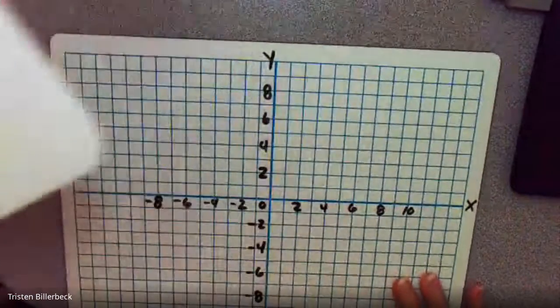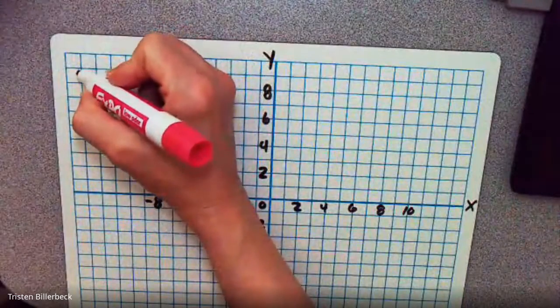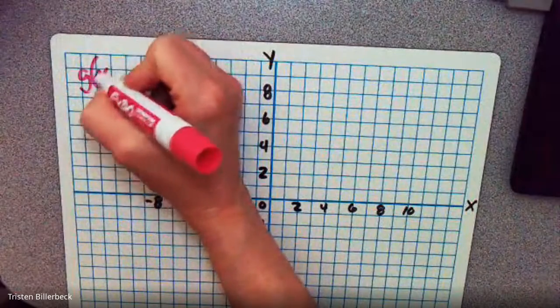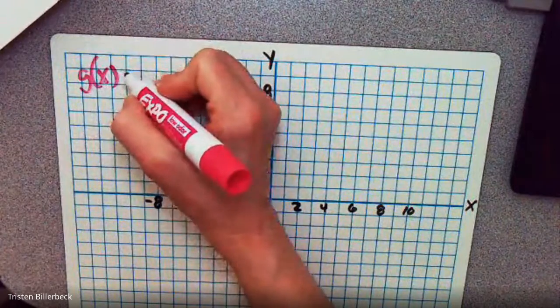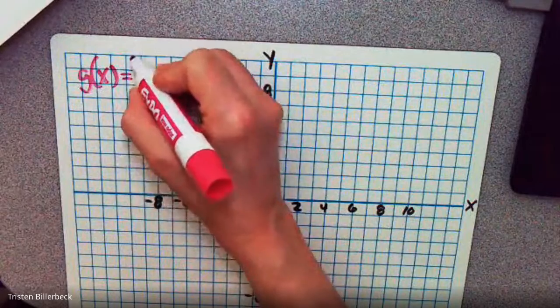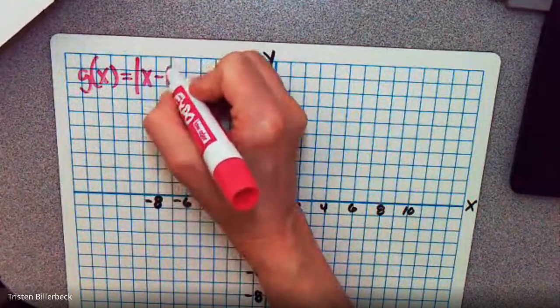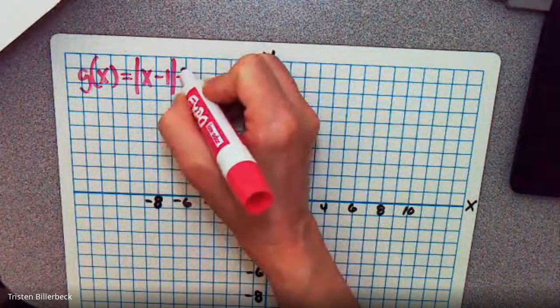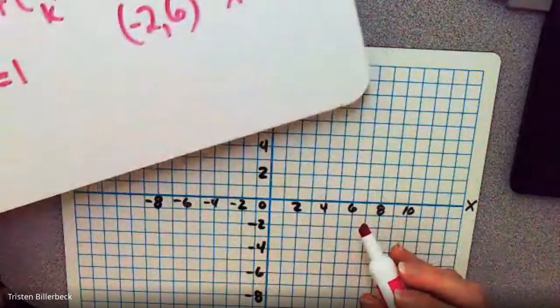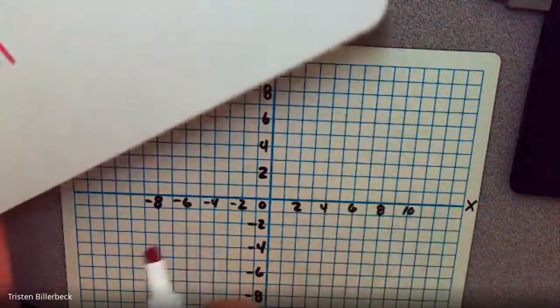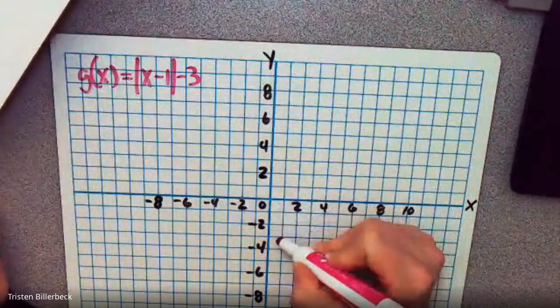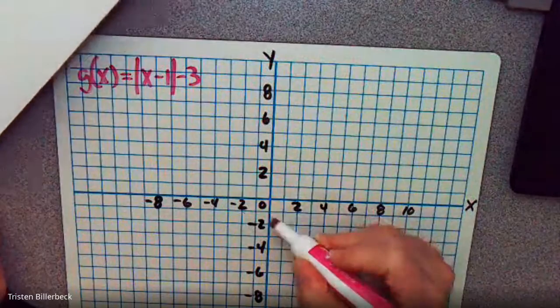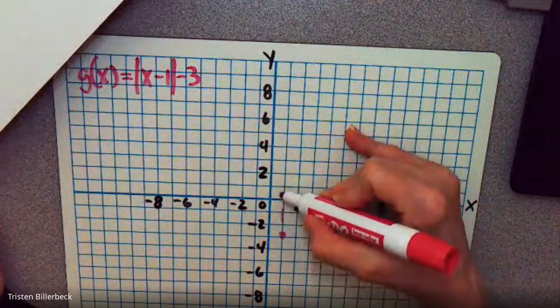Okay, so our first one, we have g of x equals the absolute value of x minus 1 minus 3. So we decided that the vertex is at 1, negative 3, and the axis of symmetry is at 1.